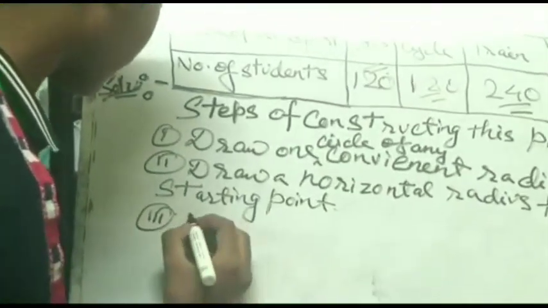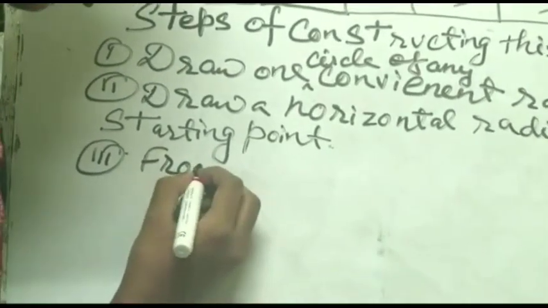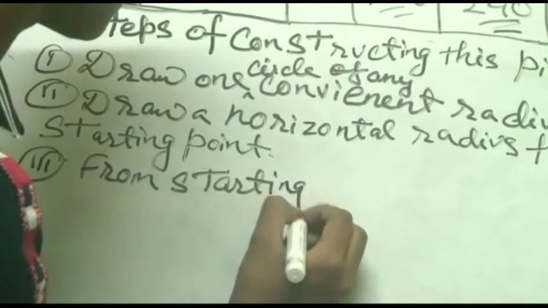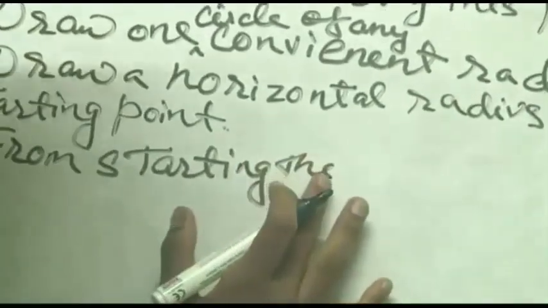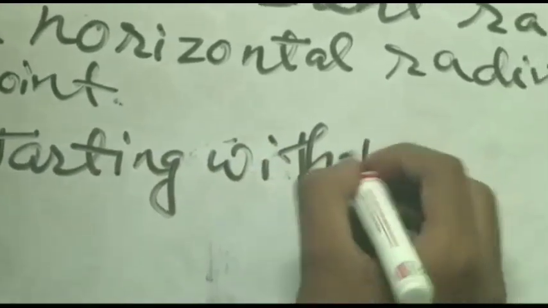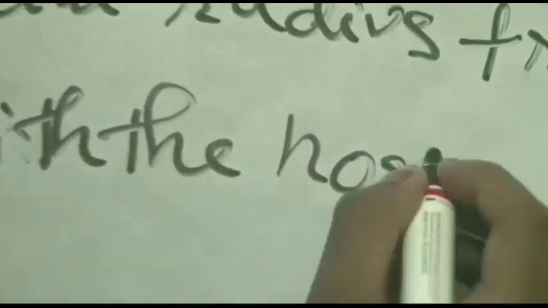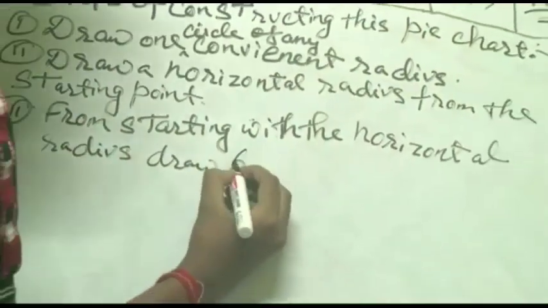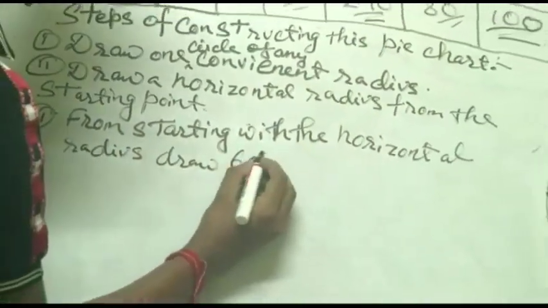Third point, from the starting point with the horizontal radius we have to draw: first one is how much? 60 degree.